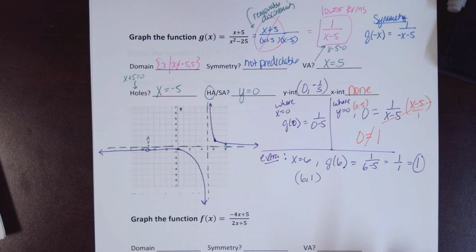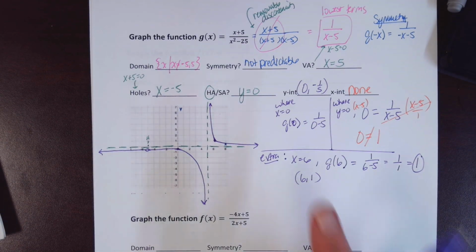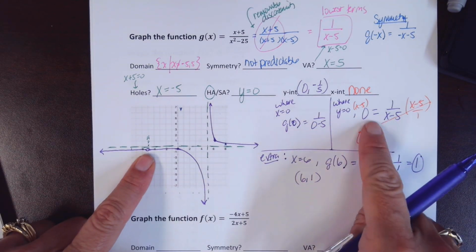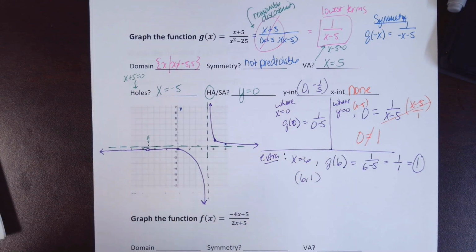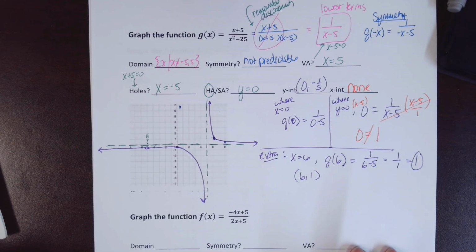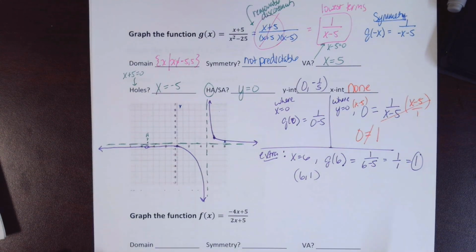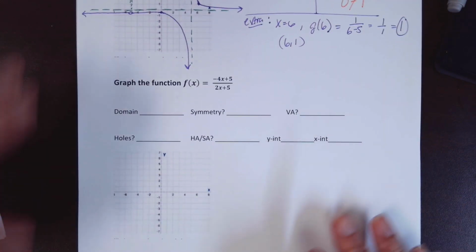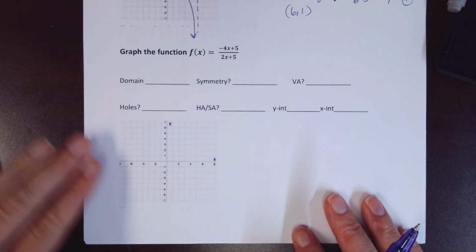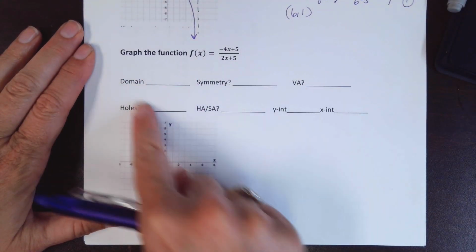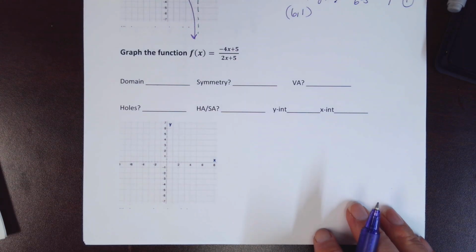And I'm done. That's it. That's all there is. So we found our y-intercept, checked for an x-intercept, and we only had to find one additional point to get our graph done. With rational functions, most of the work comes in at the beginning while we are setting all of this up and creating that framework for our graph.